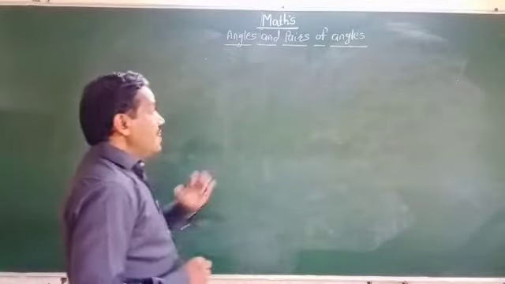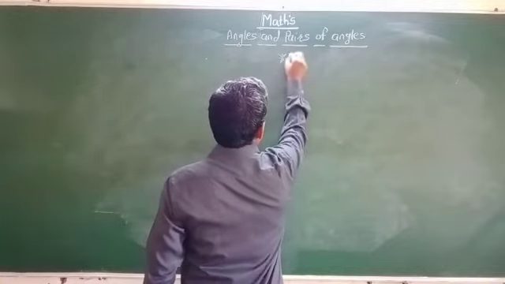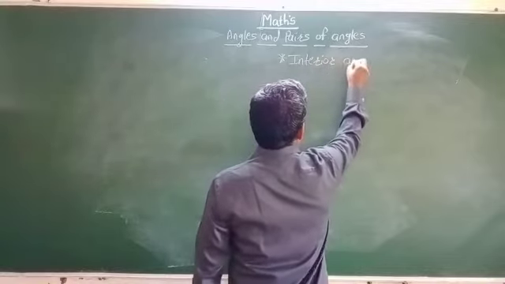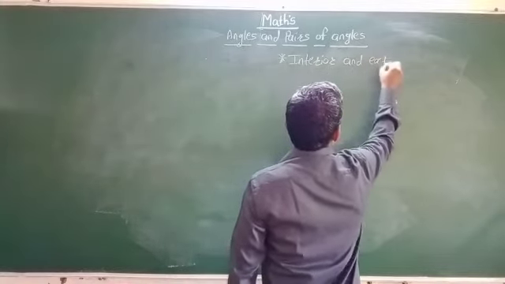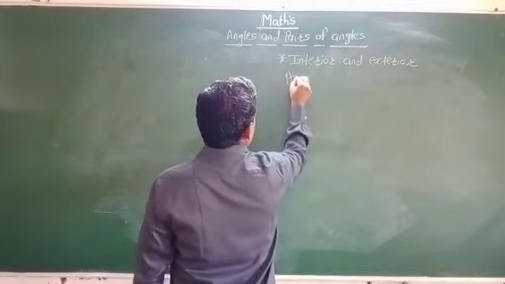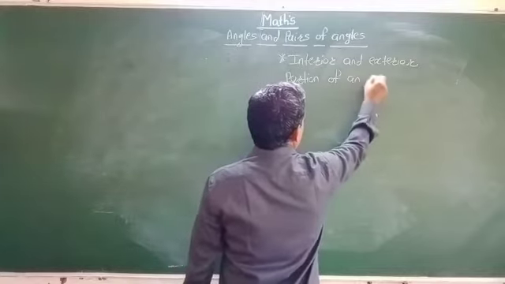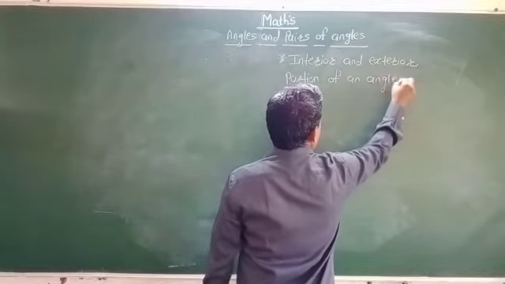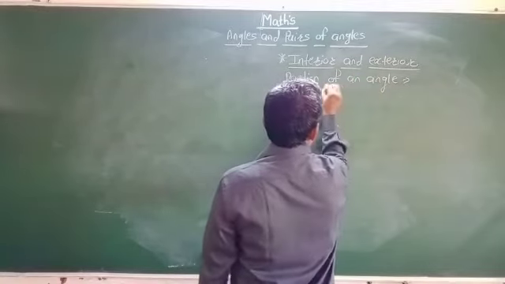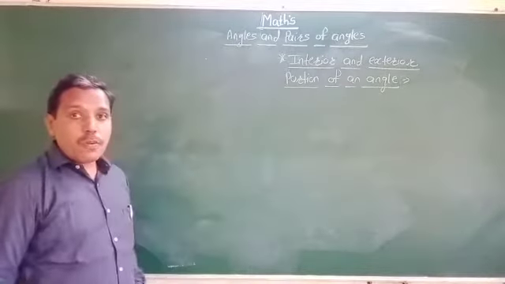We will discuss the interior and exterior portion of an angle. So what is meant by the interior portion and what is meant by the exterior portion of an angle?